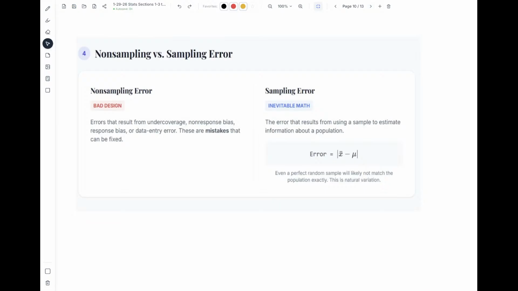All right. There are two types of errors. Non-sampling error, which is basically a lot of the biases and stuff like that. For that one, you need to fix your design and how you chose things: how you picked the questions, who you were choosing, who you were asking, those types of things. However, you are never going to be 100% correct.